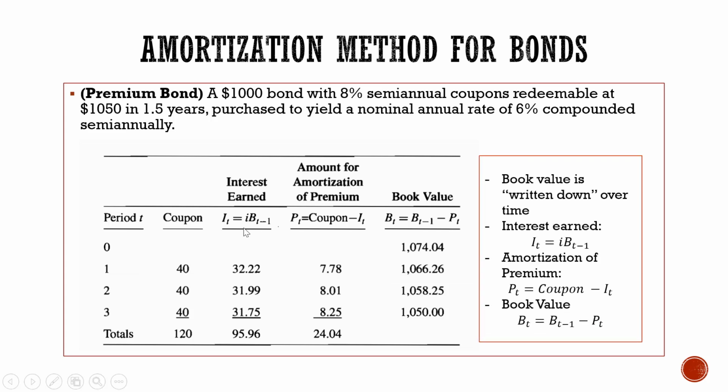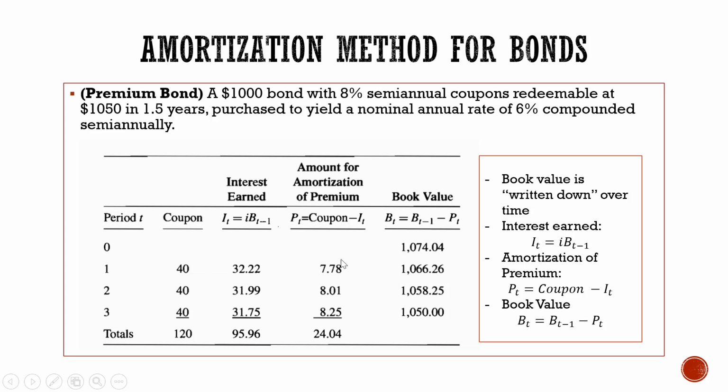And if you observe the table, you would see that the book value at time 0 is just the price of the bond, which is 1,074.04. Coupon: here, with an 8% semi-annual coupon rate redeemable twice a year, at the end of each half year the lender who buys the bond will receive 4% of the face amount, which is $40. The interest earned is just the interest rate times the previous book value.